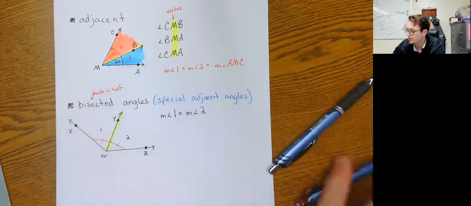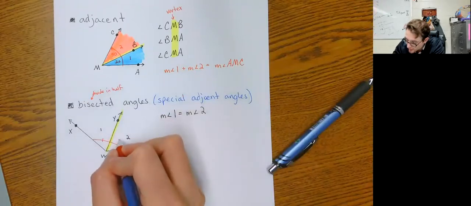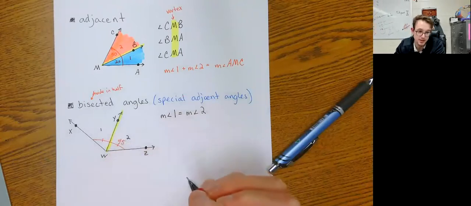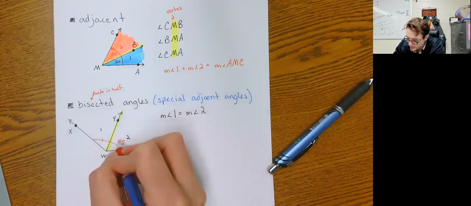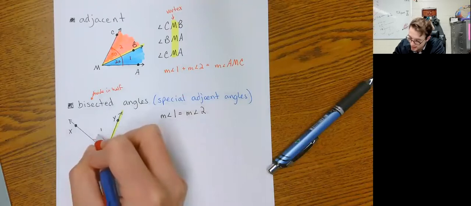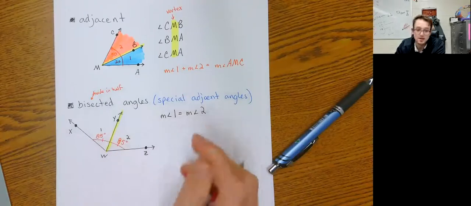So if you were ever to get a problem that said this side is 45 degrees, which in this case is not very accurate, let's say 85 degrees. Let's say this side is 85 degrees. That means that this side is also 85 degrees because they are both halves.